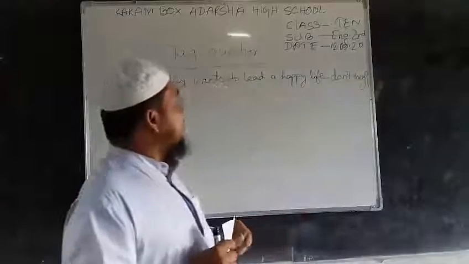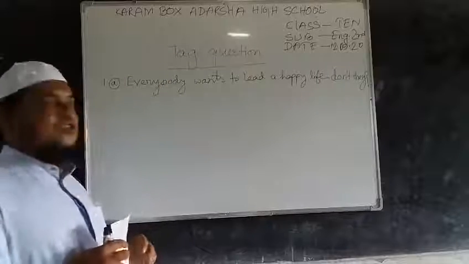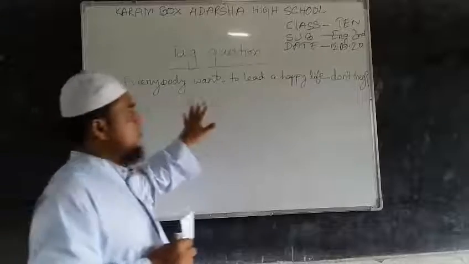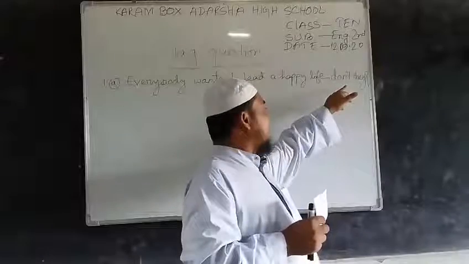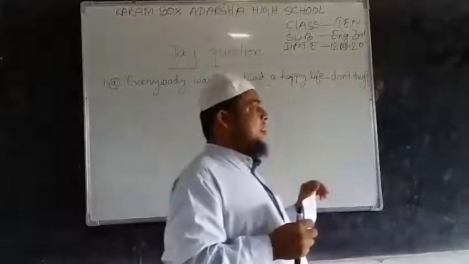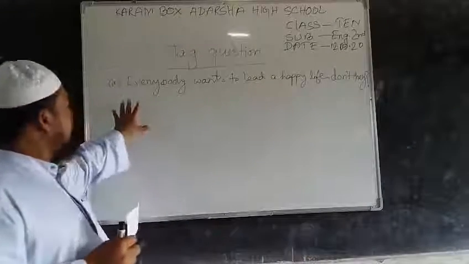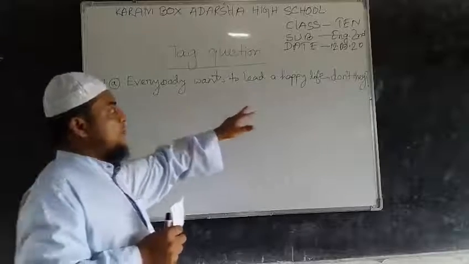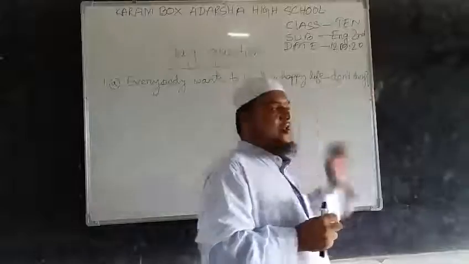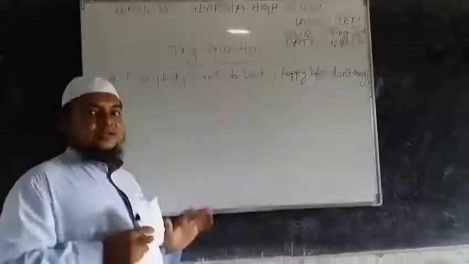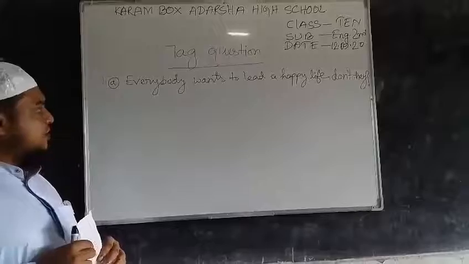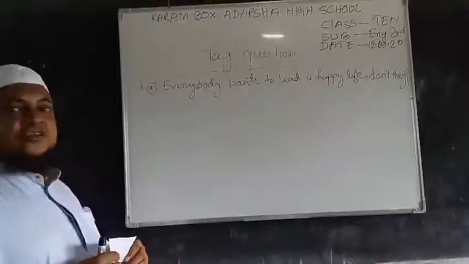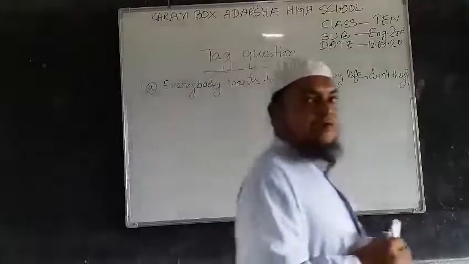Understand? Our third activity is not setting or not omitting. It is an affirmative sentence. So we have said not. And activity 4, subject setting. Instead of everybody, we use subject they. And finally, question mark setting. This is the system. This is the method. This is the process of adding tag questions.